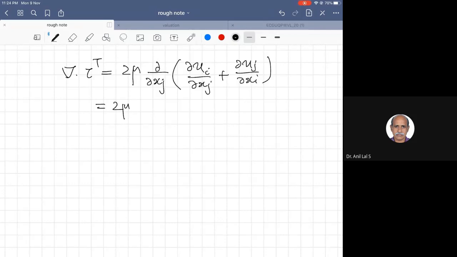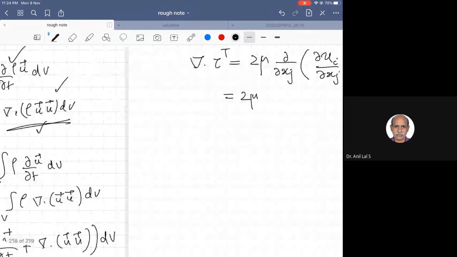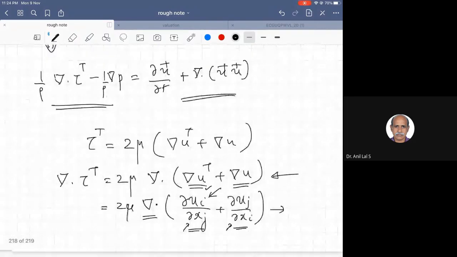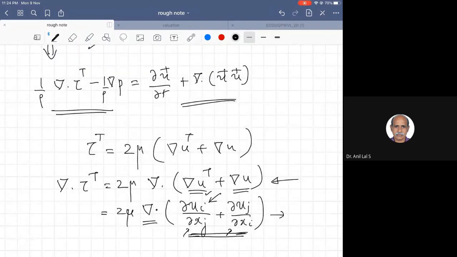The resulting thing is a vector. We have tensors, so one index should go and the other index should be free. The j index is a dummy index, which is varied and summed over, so that the i index remains. The entire del dot of tau transpose is written in terms of its ith component.